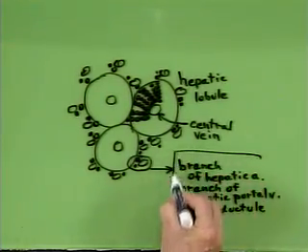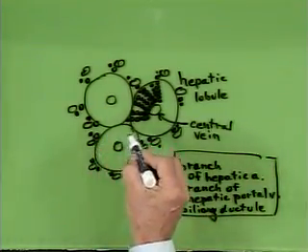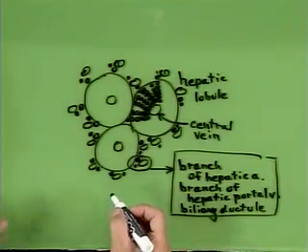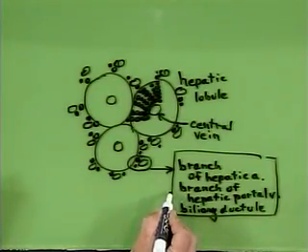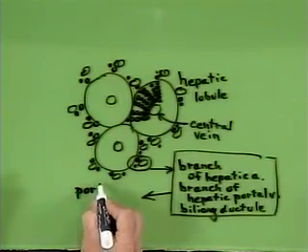Now, these 3 things, found in several locations around each lobule, each set is called a portal or a hepatic triad. So the name for that group is a portal or hepatic triad.